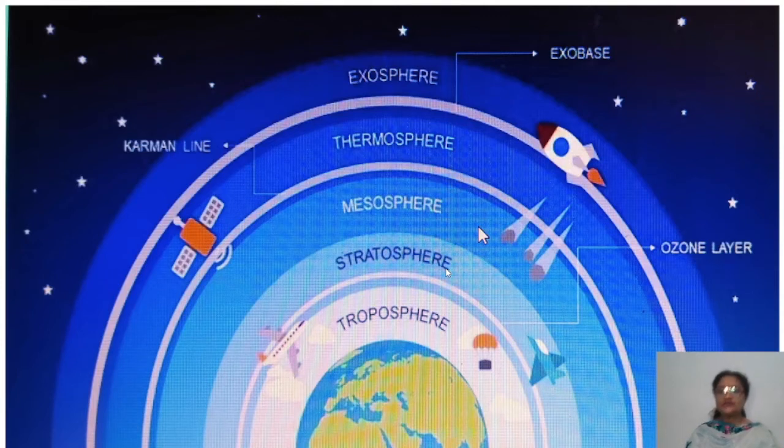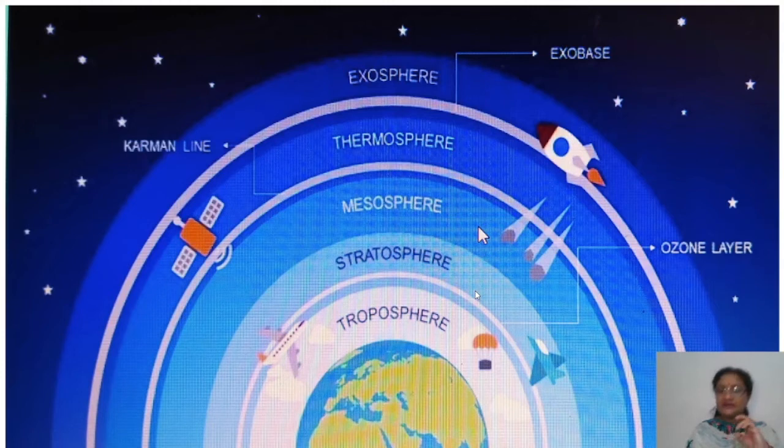Now in the stratosphere, the ozone layer is also present. Around between 20 to 50 kilometers, you will find the ozone layer. It is also called the Ozonosphere. It has a high content of ozone gas. This layer is very important for us, one of the factors which helps in the survival of life on Earth, right?